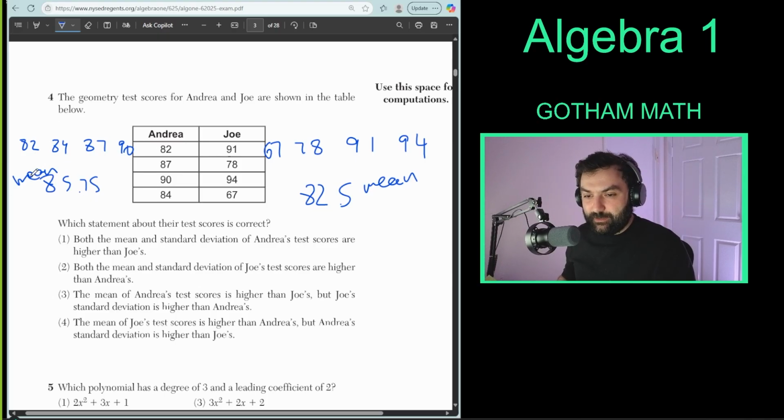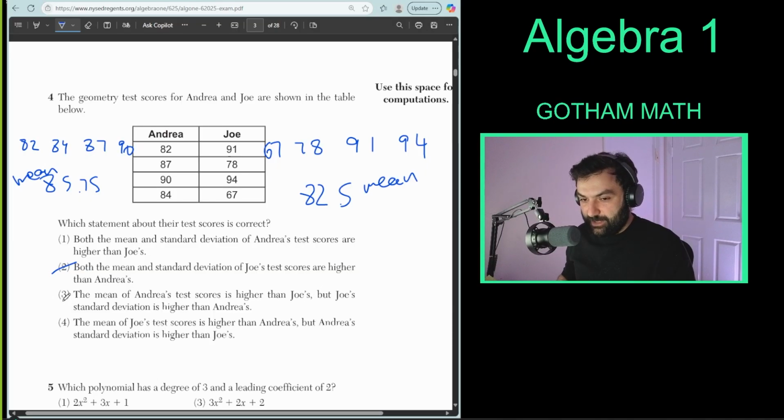So let's see which answers are telling us that the mean score of Andrea is higher. Both the mean and the standard deviation. Okay, so this might be the answer. Both mean and standard deviation of Joe's test scores are higher. No. The mean of Andrea's test scores is higher than Joe's.